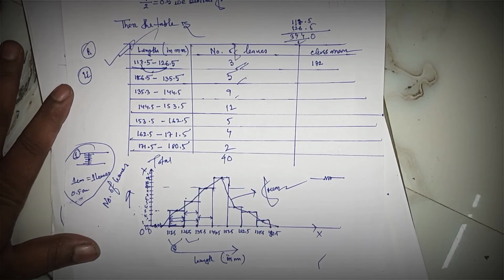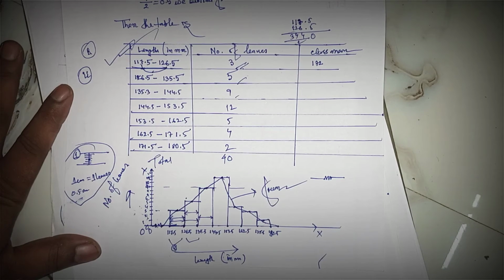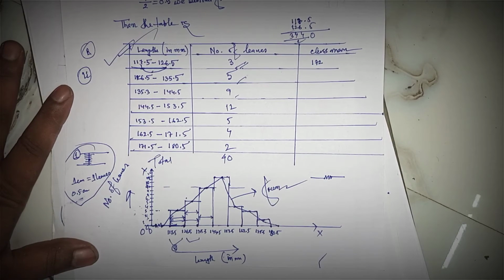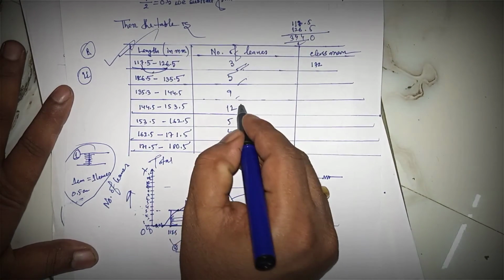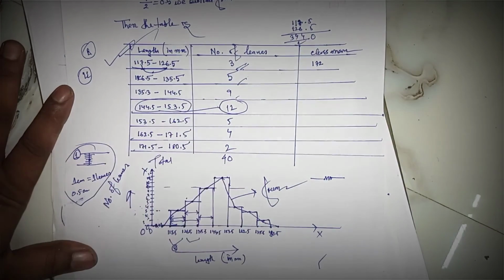Next question, is it correct to conclude that the maximum number of leaves are 153 millimeter long? No, we cannot conclude that the maximum number of leaves are 153 millimeter long, because the maximum number of leaves lies in this interval.